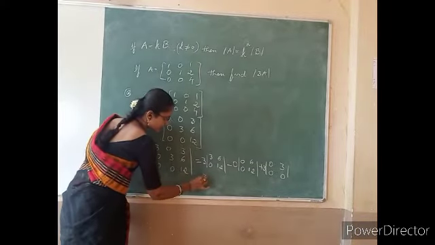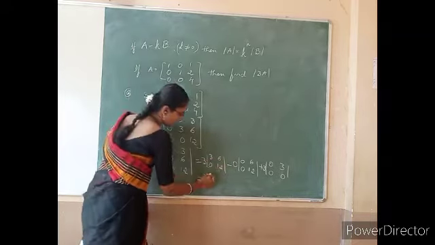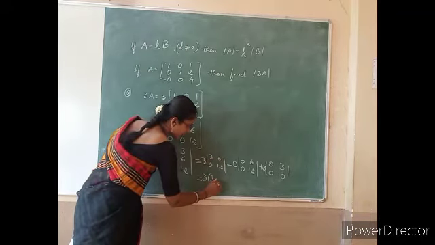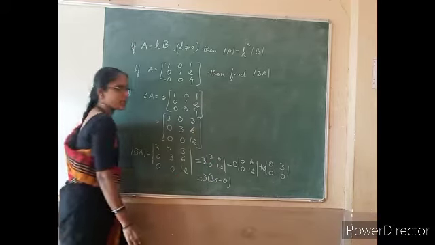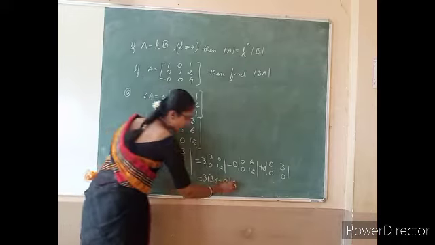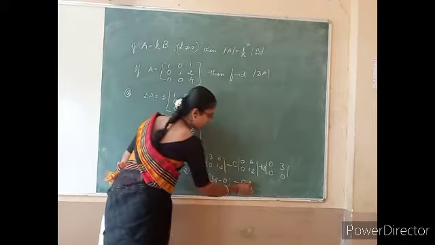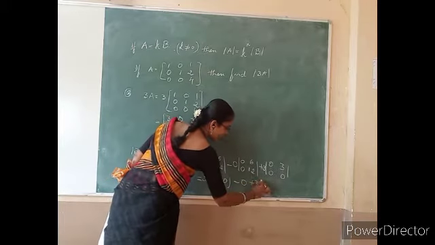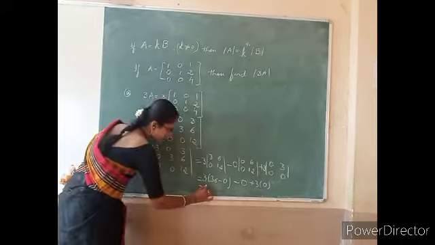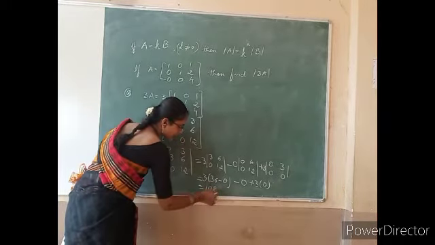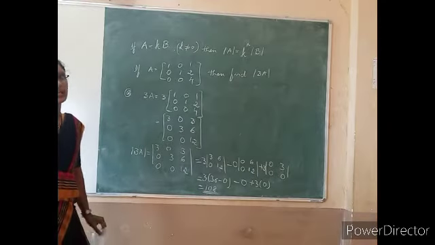So this is 3 into 12, how much? 36, so 3 into 36 minus 0, multiply the diagonal elements minus non-diagonal elements, minus 0 itself, any number multiplied by 0 is 0, plus 3 into the remaining term, which is 0. So 36 into 3, that is 108, and the remaining term 0. So this is the value of determinant of 3 into A.